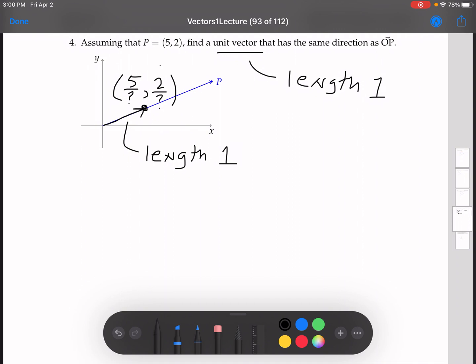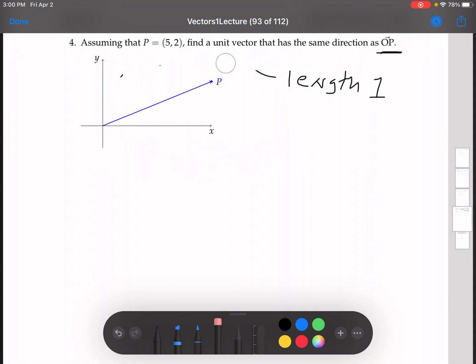If we divide them by the right number, that'll scale this vector back down to having length 1. So again, what we need to find is how much to divide 5 and 2 by to have a vector with length 1. So what is it that we have to divide them by? The answer is the magnitude, or the length, of this vector OP.